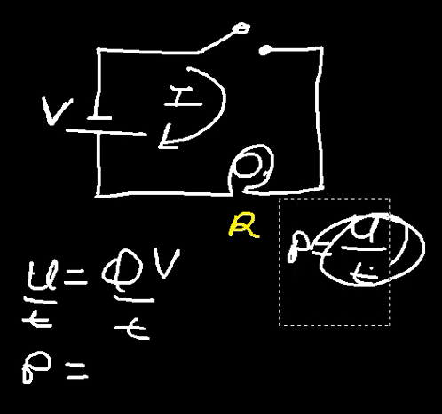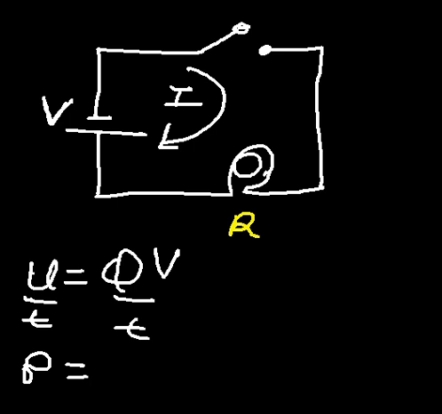So what is the electric power? Since we are dividing the electric energy by the time, the electric power is the same as the amount of charge divided by time, times the potential difference.